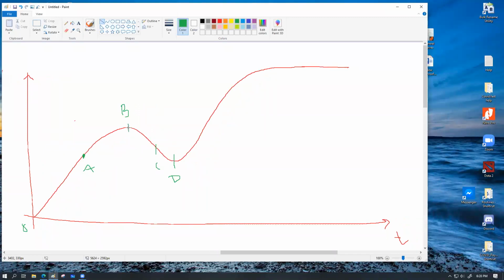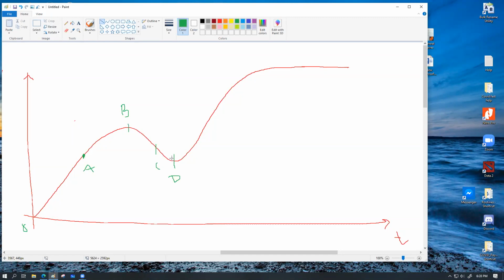Over the BC segment, the object decelerates, and the value of deceleration increases, because initially the gradient should be 0. As I go from B to C, the gradient of the curve should increase. I'm only using the term increase because by the gradient of the curve, I mean the magnitude of the gradient. So the line is becoming steeper, so the gradient of the curve is increasing.